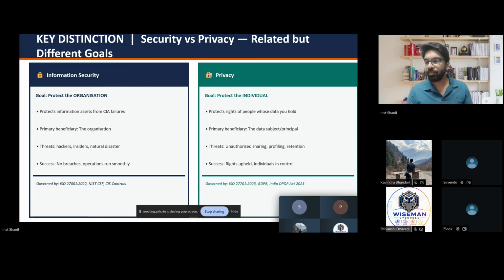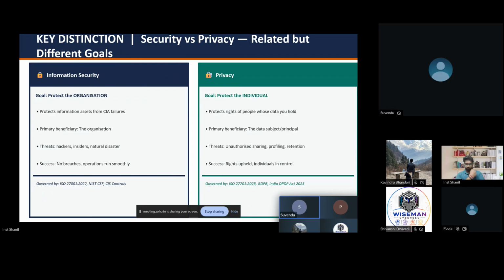How can insiders be a threat? Suvindu, Pooja, can you give an example of how an insider can cause a threat to a company? First of all, who is the insider? Employees, those who are working.